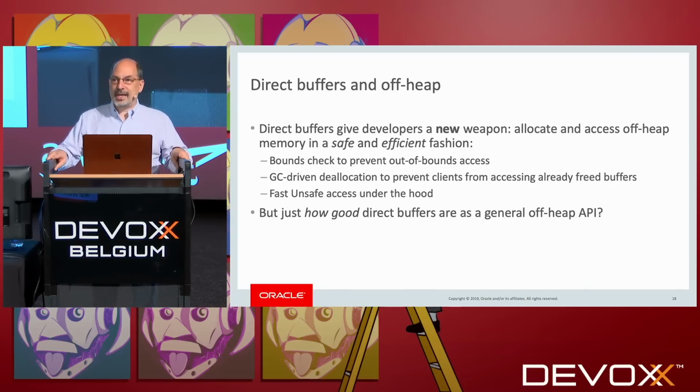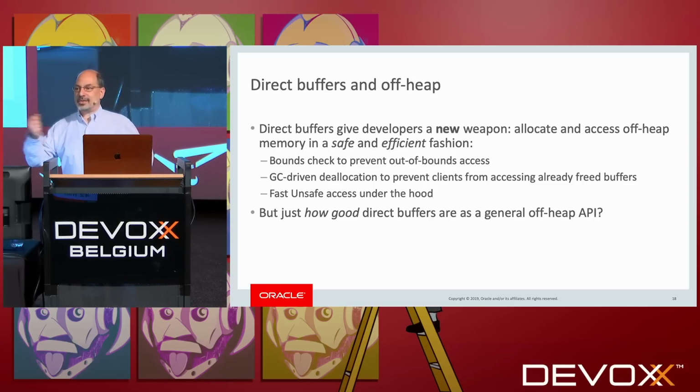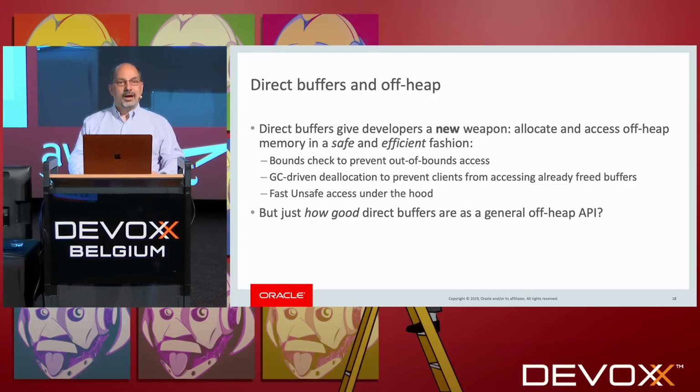And a lot of people said, hey, this was kind of meant for non-blocking socket reads or character encoding, decoding, and things like that. But I could use this just to allocate myself a big region of memory that I'm going to manage myself and get reasonably fast access to it. And it's safe because access to it is bounds checked.